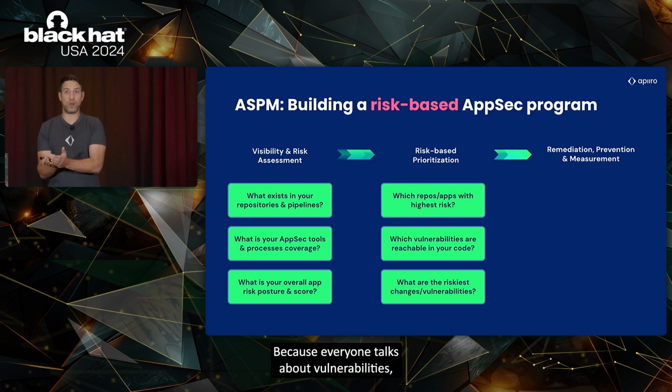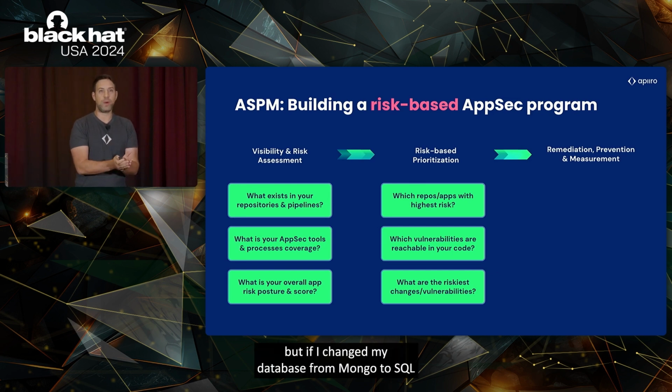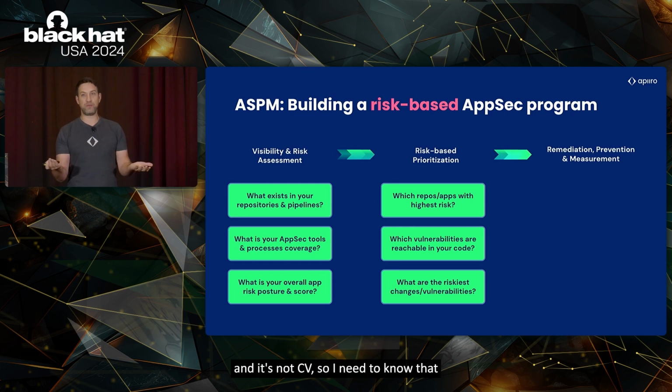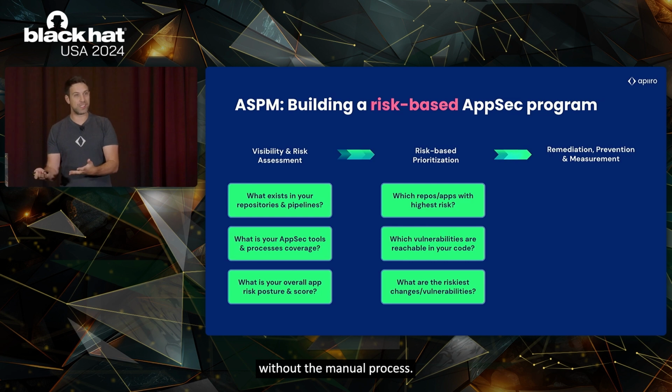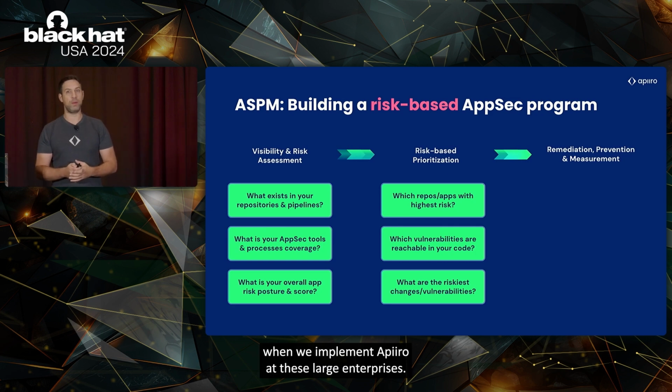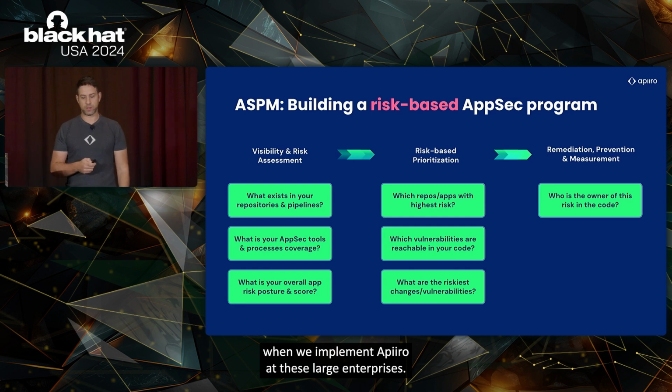Because everyone talks about vulnerabilities, but if I change my database from Mongo to SQL, now my attack surface changed significantly. And it's not a CVE, so I need to know that without a manual process. So we detect that as a material change, for example, when we implement Apiro at these large enterprises.